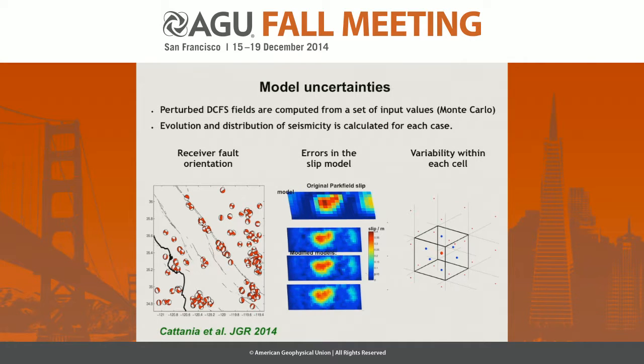Which one's right doesn't matter, okay? In Coulomb rate state, because the forecast rate depends upon the magnitude of the stress change, it does matter. And finally, you tend to discretize your maps at a particular size, and yet you're then calculating a forecast with a value of the stress that may not be representative of the entire volume.